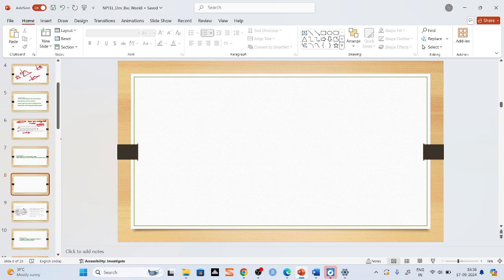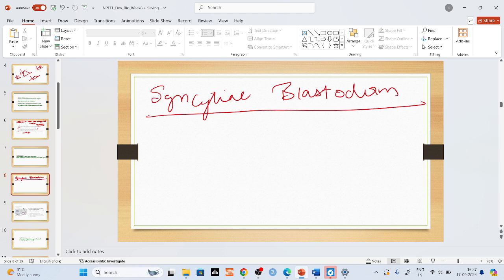So in Drosophila development, initially there is the formation of syncytial blastoderm. What is the meaning of syncytial blastoderm? It means that a syncytium forms. What does it mean?